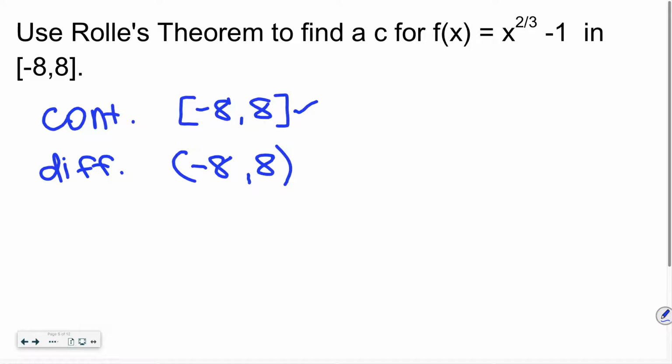What is our derivative? Two-thirds x to the -1/3. And what happens to that x to the -1/3? It goes to the denominator. And would there ever be a time between -8 and 8 that the denominator of our derivative would be 0? Yes. Which means it's not differentiable.